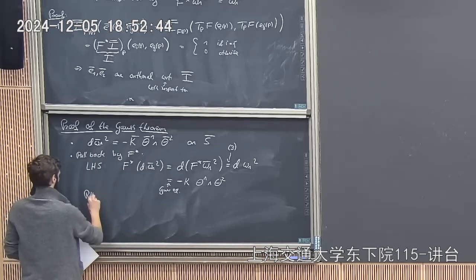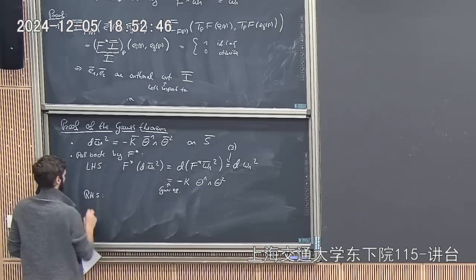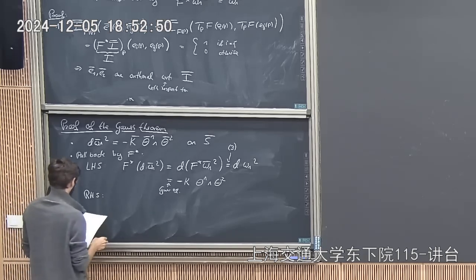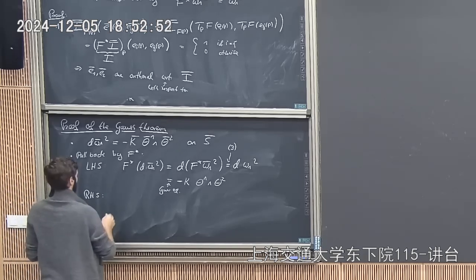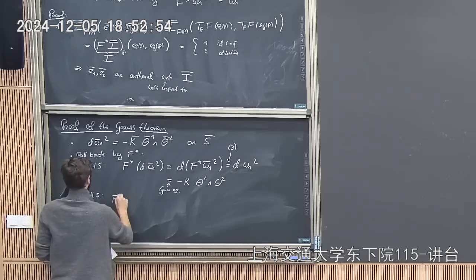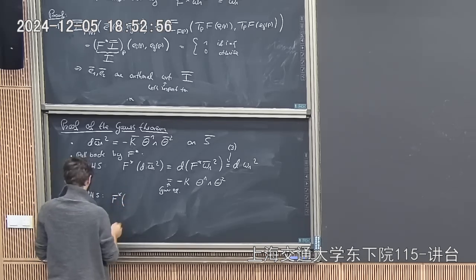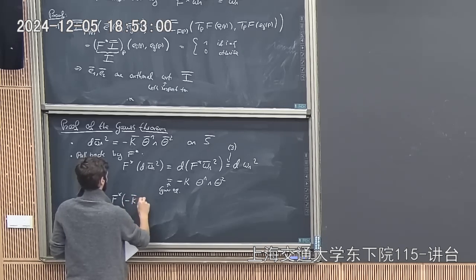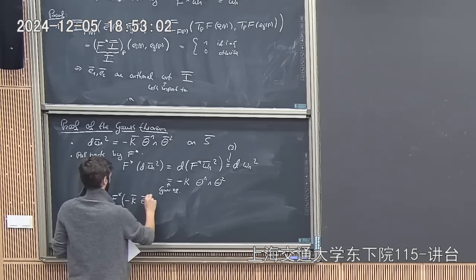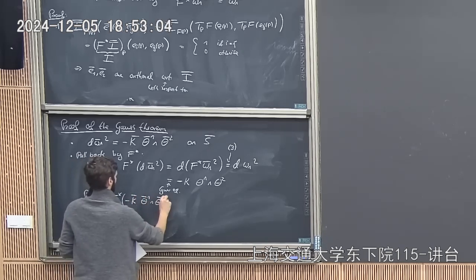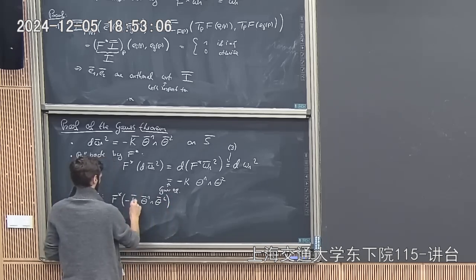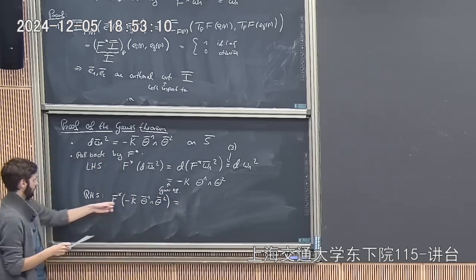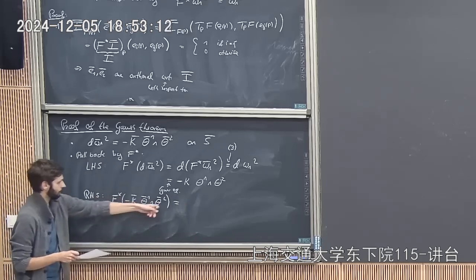Now let's see what happens to the right-hand side. The pullback of the right-hand side, which is K bar theta 1 wedge theta 2. We have to now apply that we can have the pullback of a function times a form.